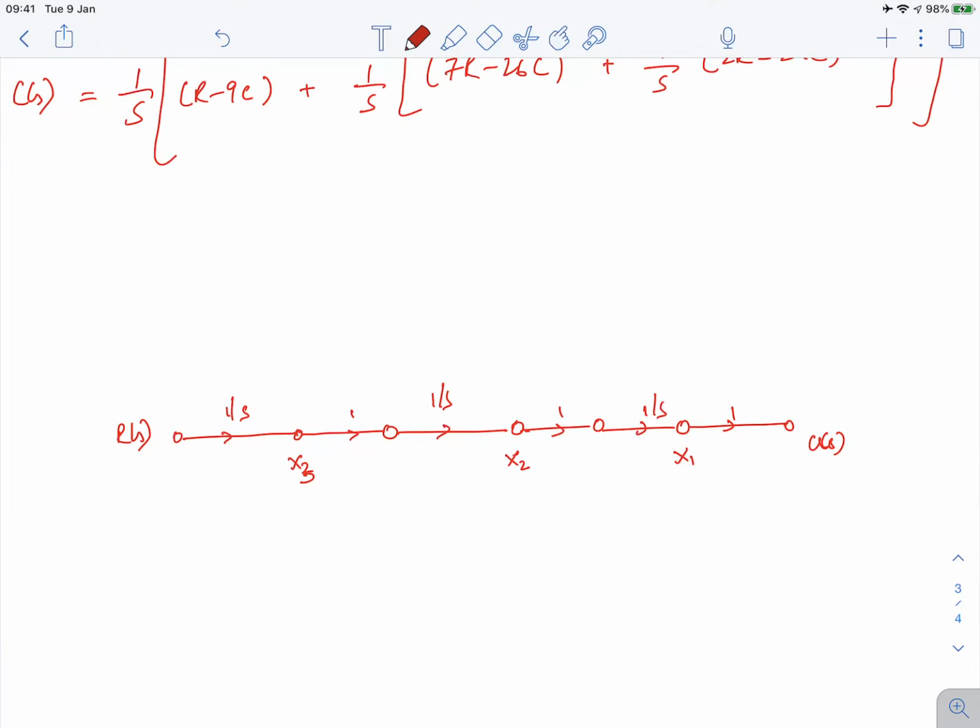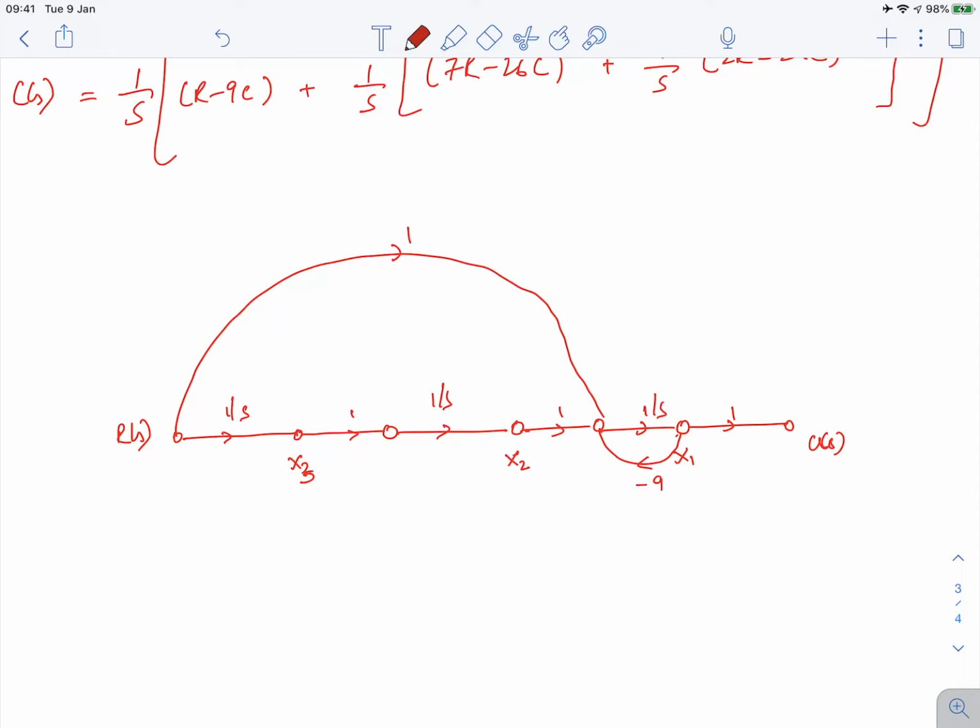So the first term is r minus 9c. So from here I would have minus 9c, and to this node we have r. So this would become r, this r minus 9c here, because x1 is equal to c.